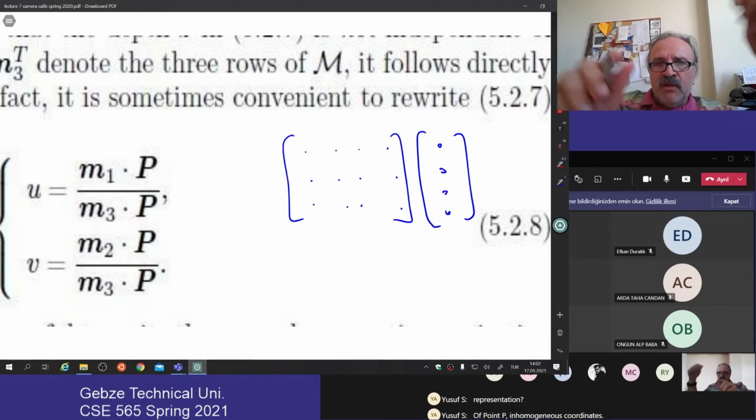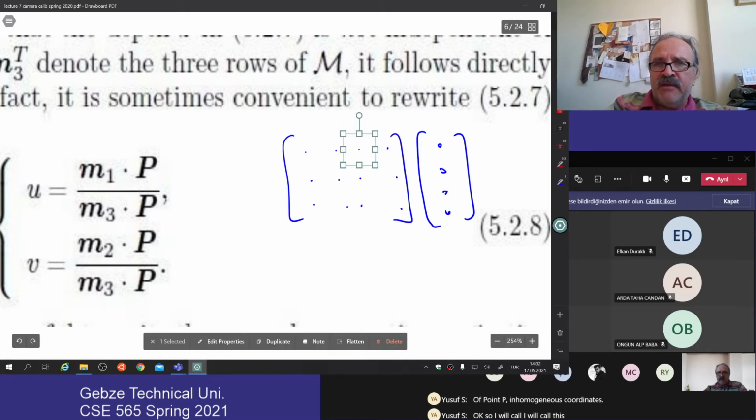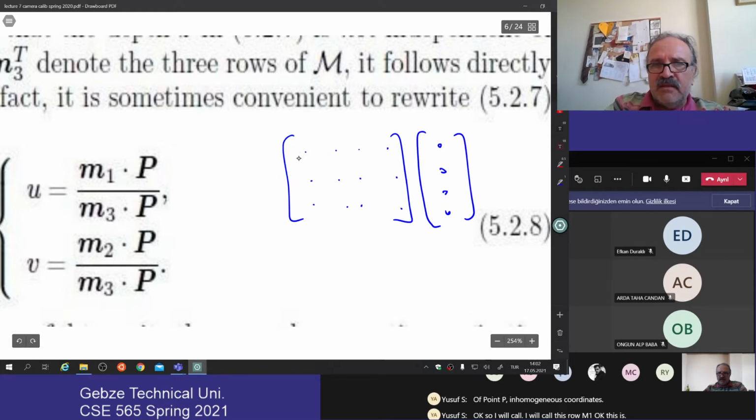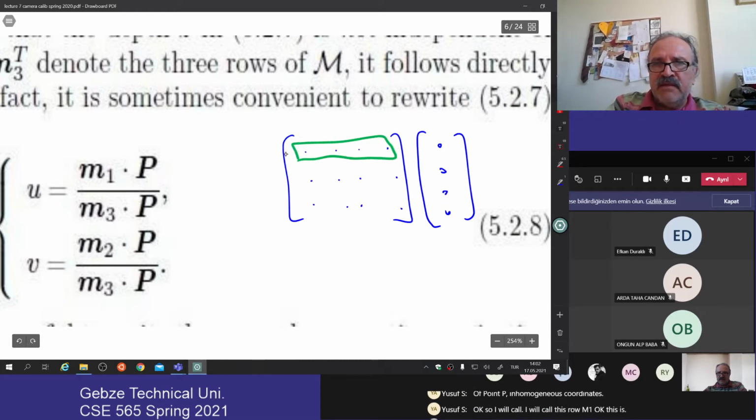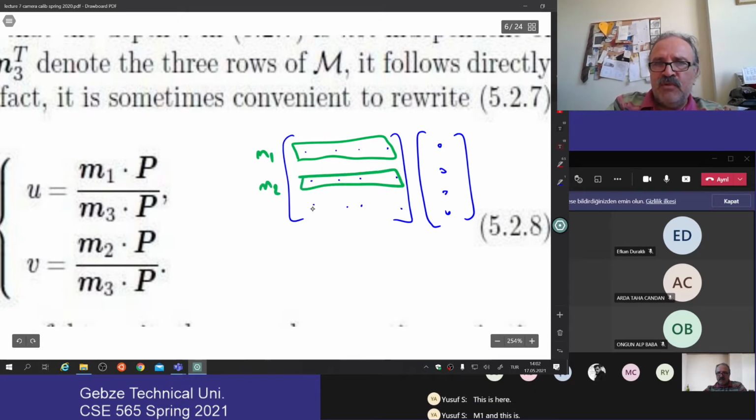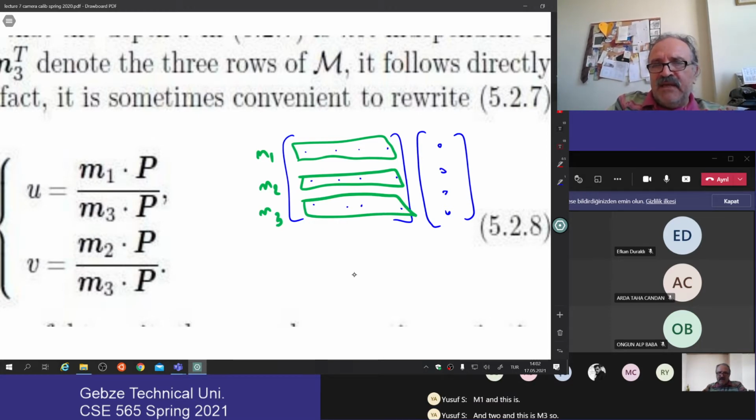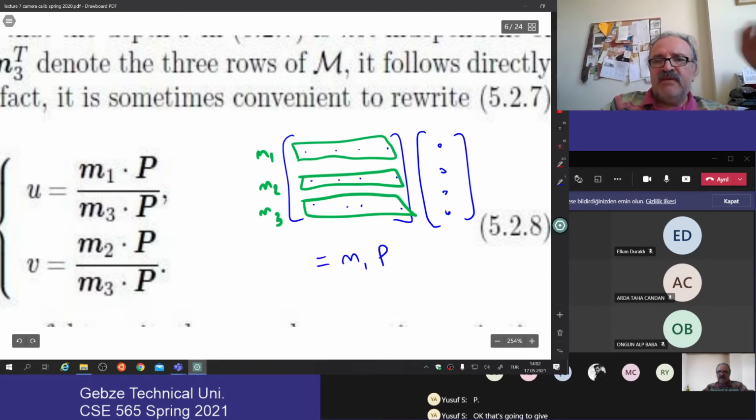So I will call this row M1, and this is M2, and this is M3. So when I multiply M1 with P, what does this give me?